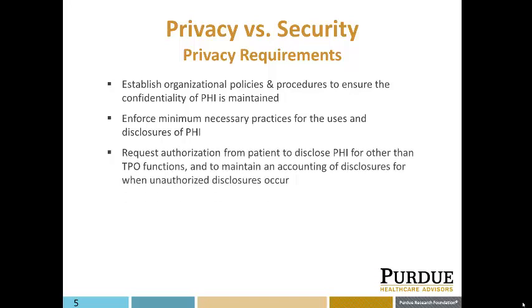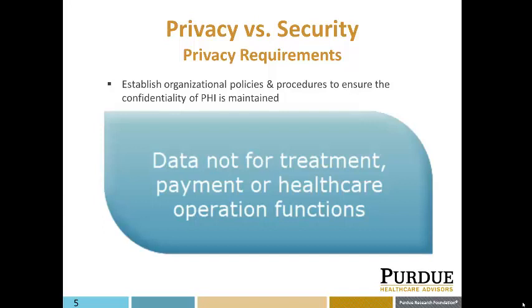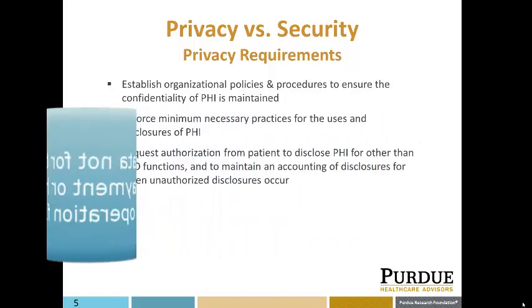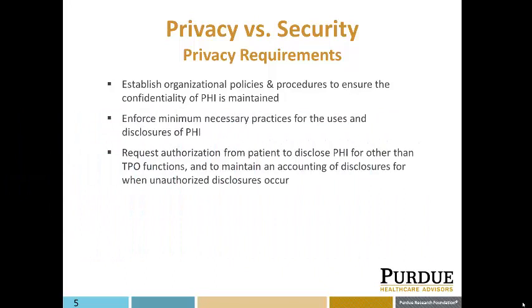The third, this is a rather large component of the HIPAA privacy rule set, and it basically states that we have to seek authorization from our patients every time we use or disclose data that is not for treatment, payment, or healthcare operations functions. And then when we do share or disclose data outside of a treatment, payment, and healthcare operations function, and we don't have an authorization, we have to maintain accounting and disclosure of that activity.